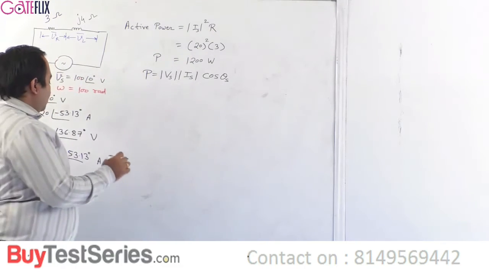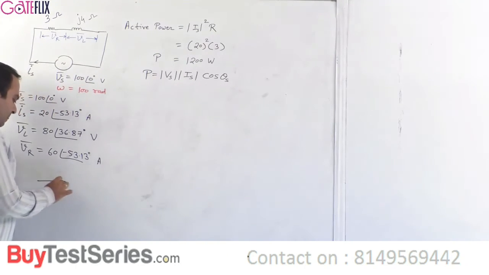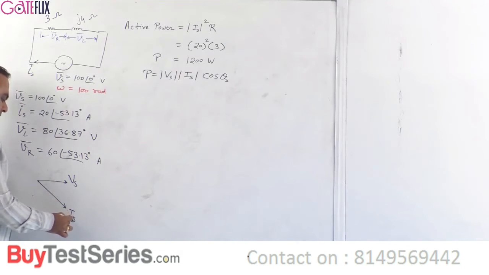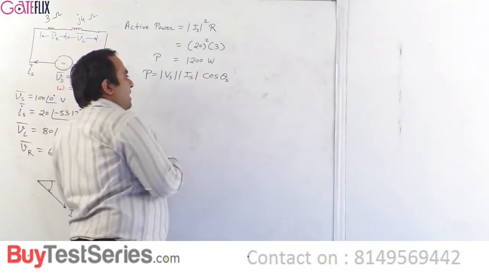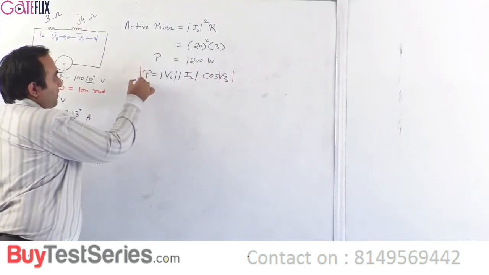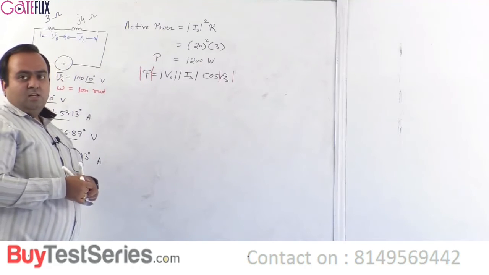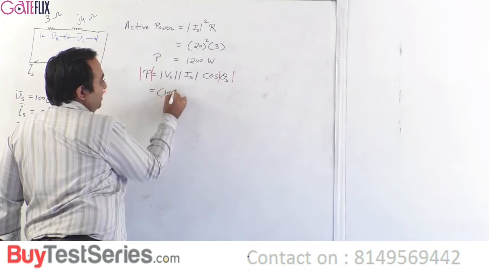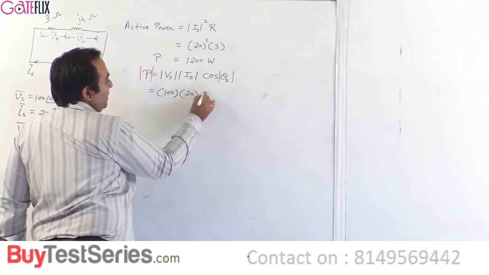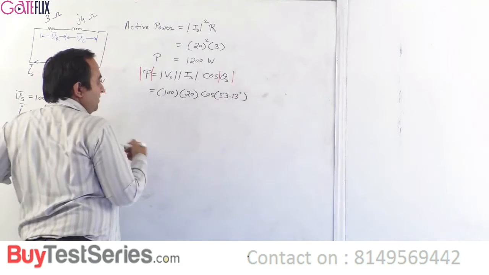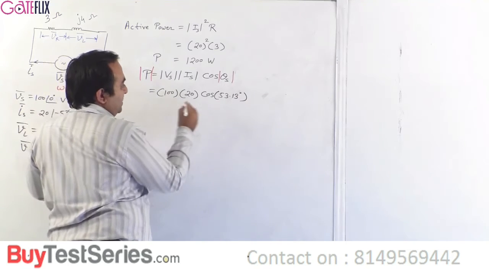This theta s is the angle that the current makes with the voltage, although we have to take only the magnitude of this theta s here, because we are calculating the magnitude of P. So this is 100 into 20 into cos of 53.13, and cos of 53.13 is again 0.6.